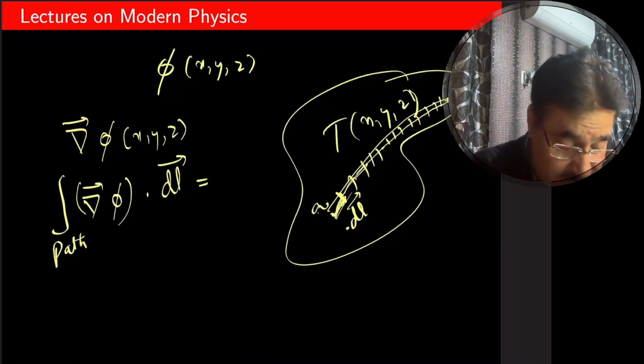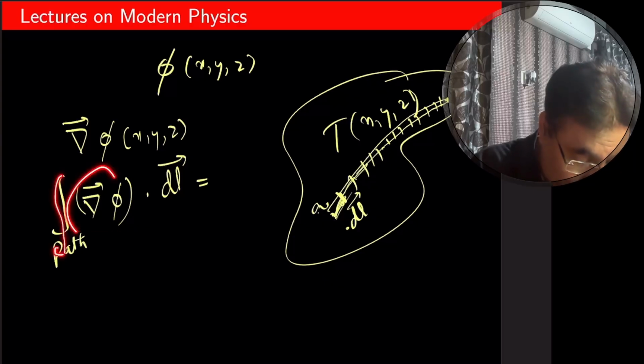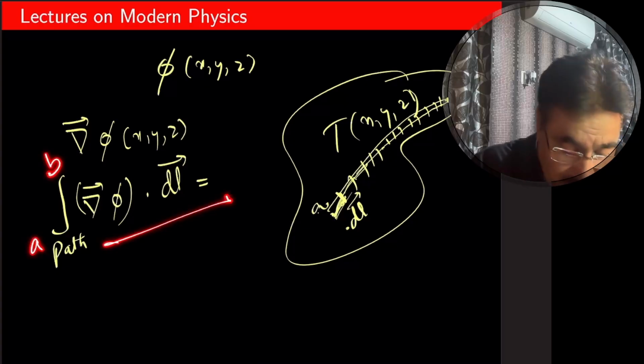So in mathematical language, what should I say? The path integral of the gradient from point A to point B, what is that equal to?